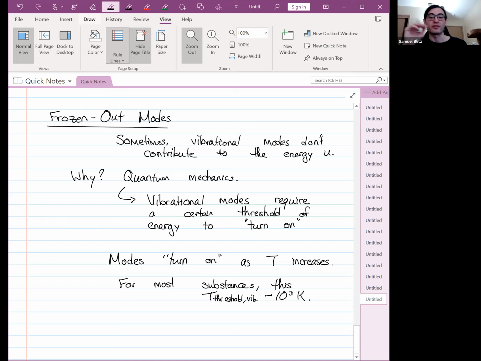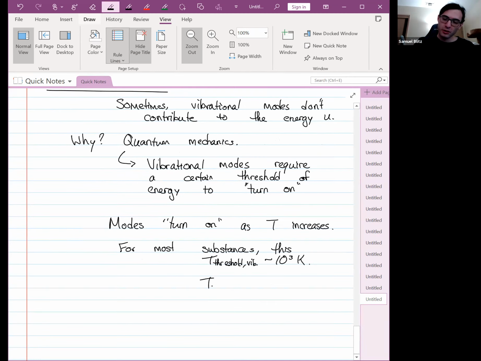That much energy would have to be available to each mode before those vibrational modes start to activate. And so at everyday temperatures that we use in a lab, like a few hundred Kelvin at most, maybe 500 Kelvin at most for a gas, it just doesn't happen. Those modes just are not active. However, the rotational modes, on the other hand, the threshold for rotational modes is a few tens of Kelvin.